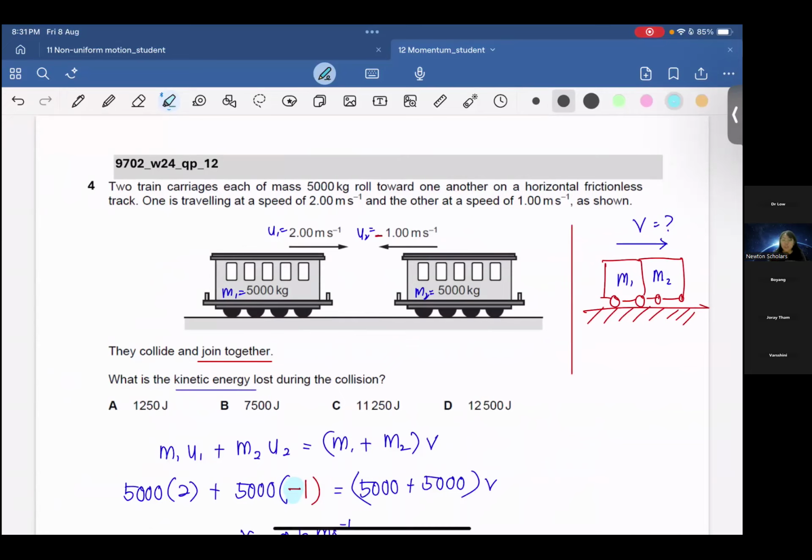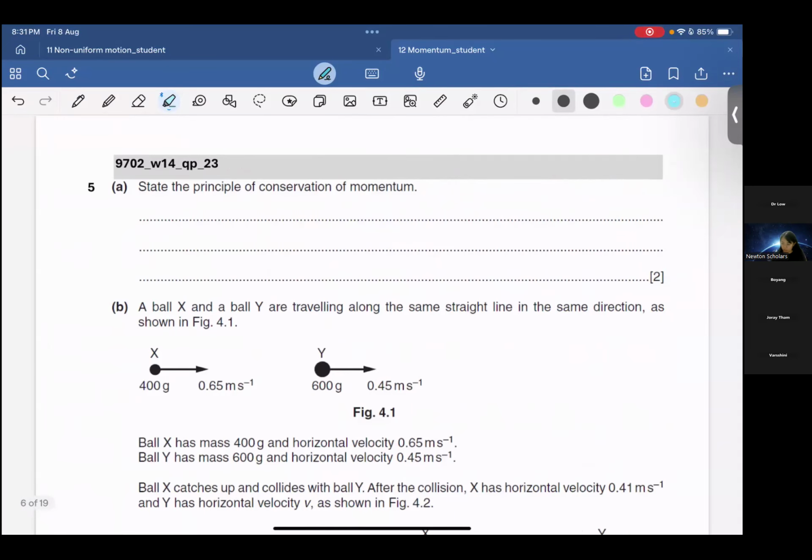If you have friction or air resistance, there's external force already. So they don't consider external force. When applying the conservation of momentum, we assume there is no external force acting on the system. You copy this at the front: for a closed system, the total momentum is constant, provided there is no external force acting on the system.